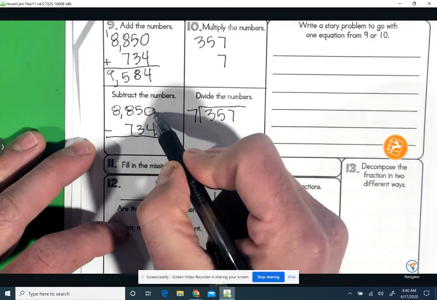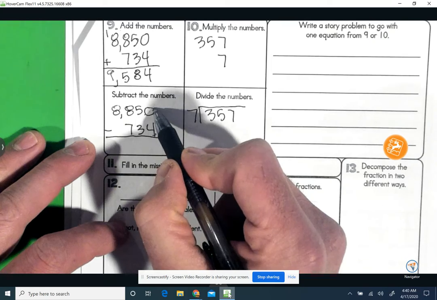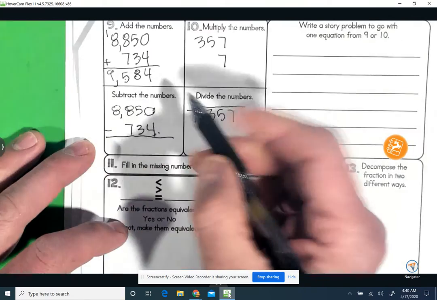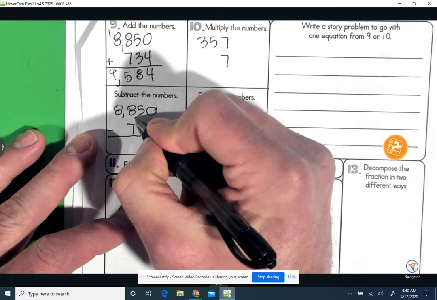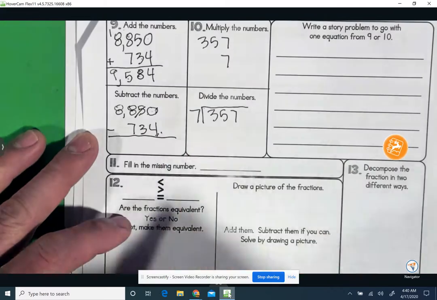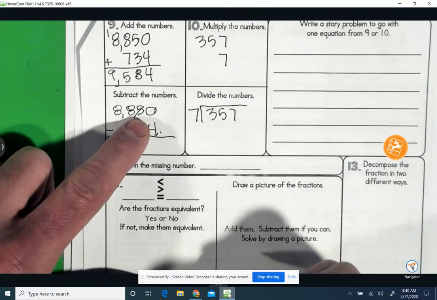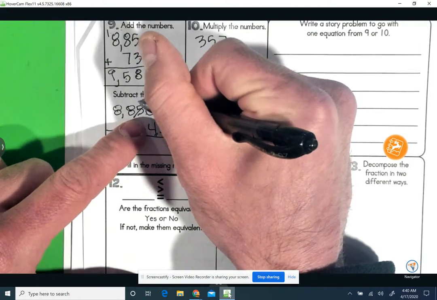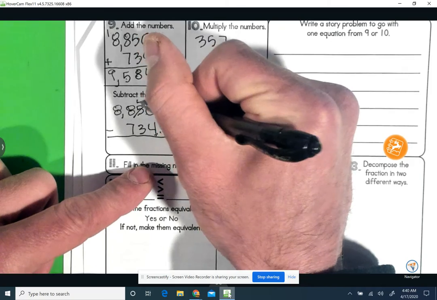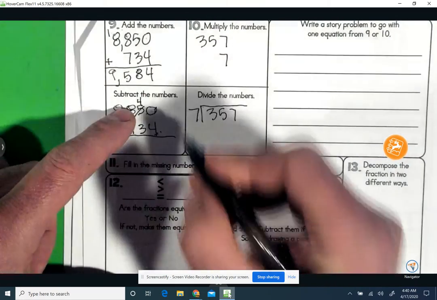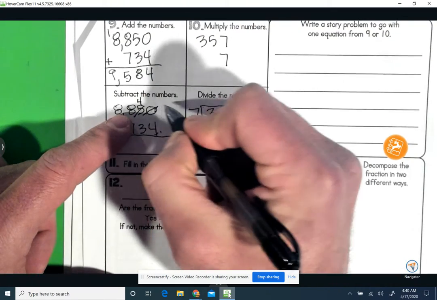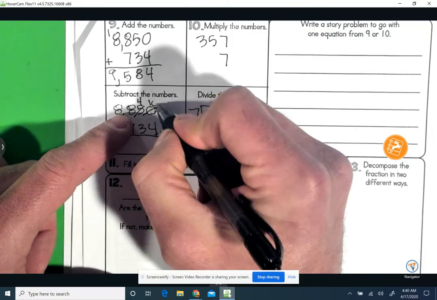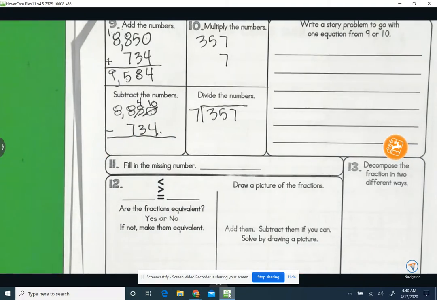So this 0 is smaller than this 4. We're going to go to the place value position to the left. That'd be the tens. And we're going to borrow 10 from these 5 tens. So when we borrow 1 ten from 5 tens, we're left with 4 tens. And if we give that 10 that we borrowed over here to that 0, it becomes a 10.